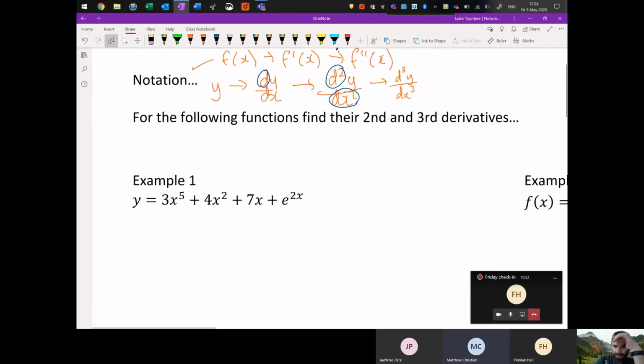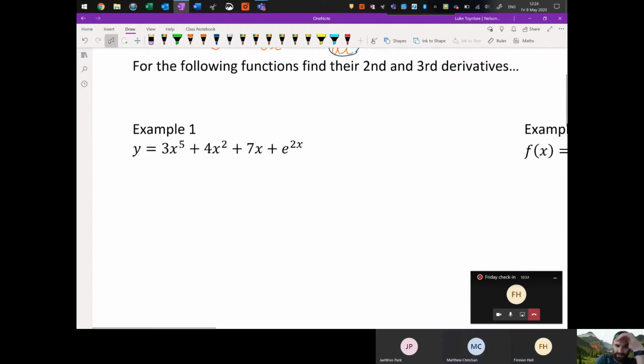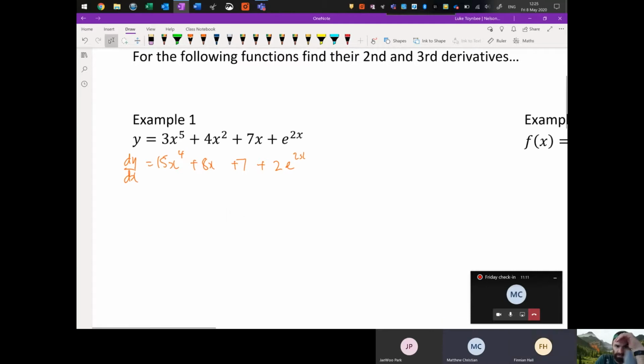So here, if I differentiate y, that's a simple 15x to the power of 4 plus 8x plus 7 plus 2e to the 2x. You guys happy with that? When I differentiate that a second time, what do I get?